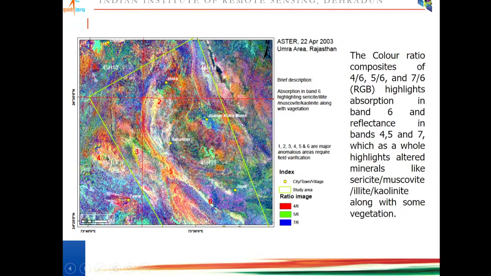You can see over here, this is the ratio image. This was the boundary of our area, the green color one, and you can see the locations marked in red color, 1, 2, 3, 4, 5, etc. So these are the areas showing anomalous behavior in this area, and so we have identified these areas as possible areas for mineralization.